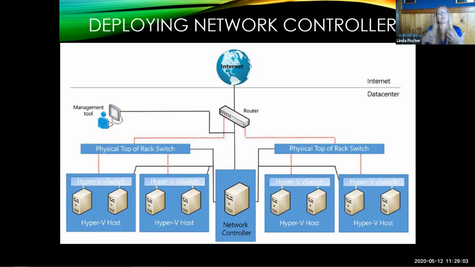With it, you can manage and configure both your physical and your virtual network infrastructure. You can automate the configuration of your network infrastructure. You can use network controller to manage your Hyper-V virtual machines and virtual switches and your data center firewall and your RAS multi-tenant gateways, virtual gateways, gateway pools, and your load balancers. So you can do all that using your network controller.